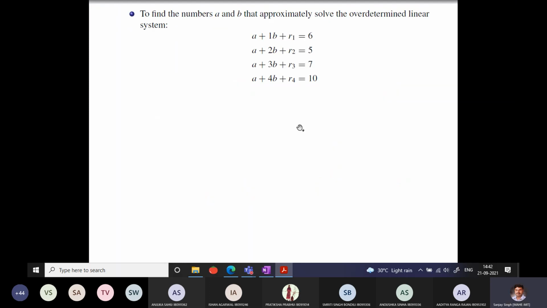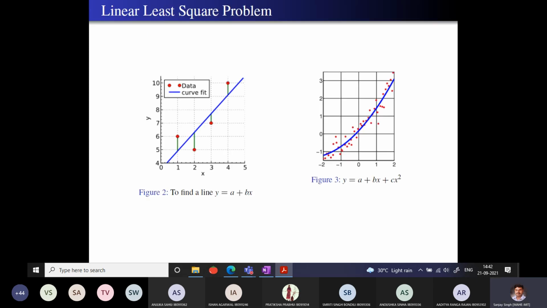Now to find the numbers a and b, the parameters of the model y equal to a plus bx, I have to pass this model through each and every point. For the first data point, x is 1, so a plus 1b equals y, and y is 6 in this case.